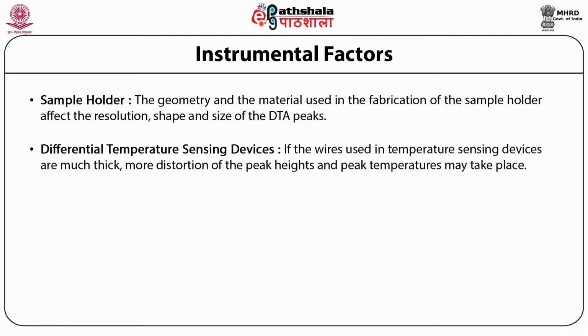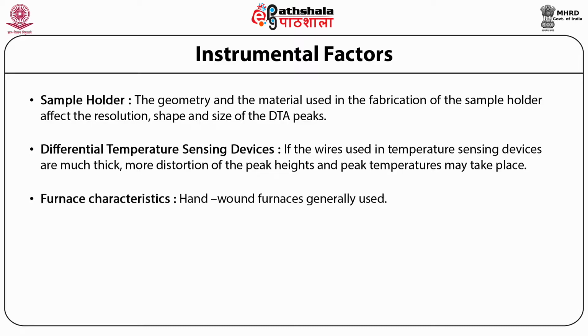Differential temperature sensing devices: generally, heats of transitions are much less as compared to the heats of reactions. If the wires used in temperature sensing devices are thick, more distortion of the peak height and peak temperatures may take place. However, the thinner the wires used, the lesser the distortion in peak height and peak temperatures.